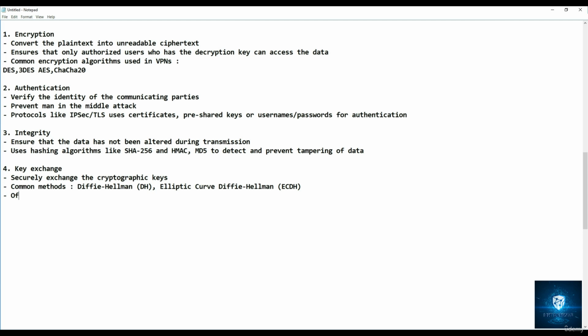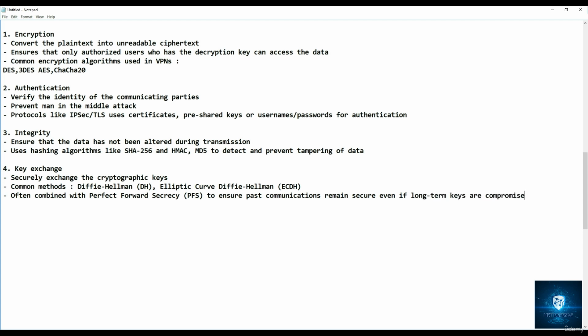So it is often combined with another feature called PFS, that is perfect forward secrecy, also called PFS, to ensure past communications remain secure even if long-term keys are compromised.